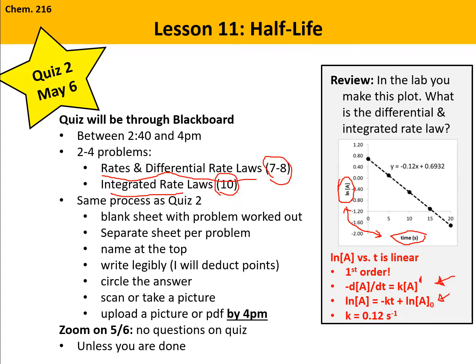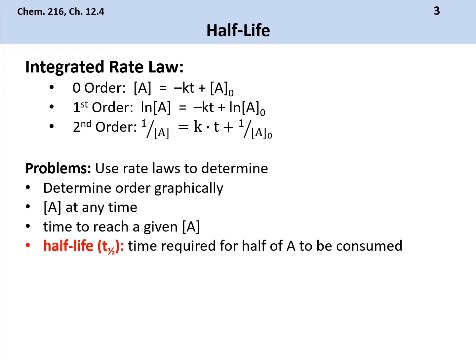That's what we don't get with differential. And based on this, notice that k is equal to the slope here, 0.12, and it's going to be in units of seconds to the minus 1 because time's in seconds. All right, so that's what we learned last time in lesson number 10 about integrated rate laws.